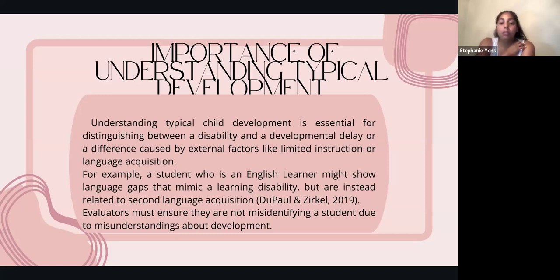So a lot of times, if a student has English as a second language, some teachers might assume that they are a student with a learning disability. So it's important that evaluators ensure that they're not misidentifying students due to a misunderstanding about development.